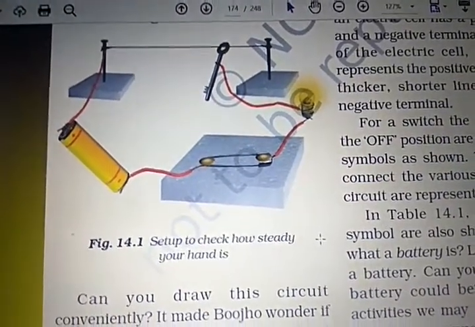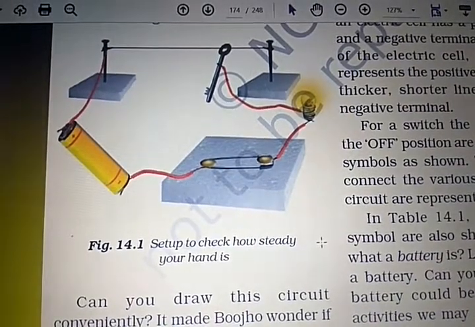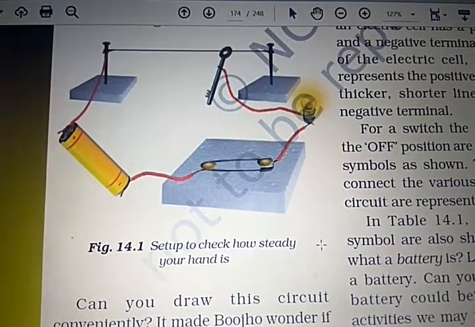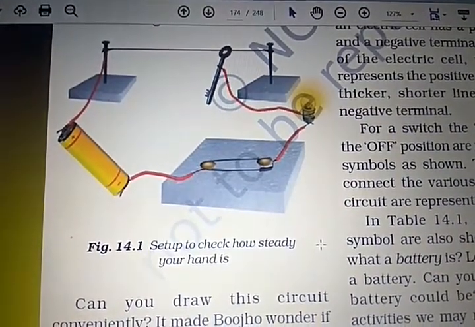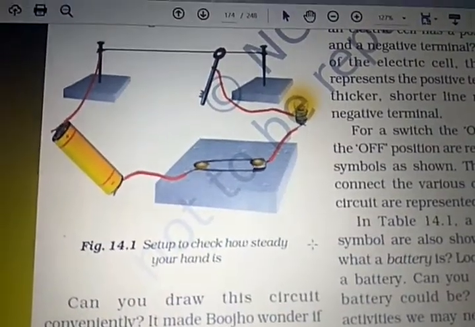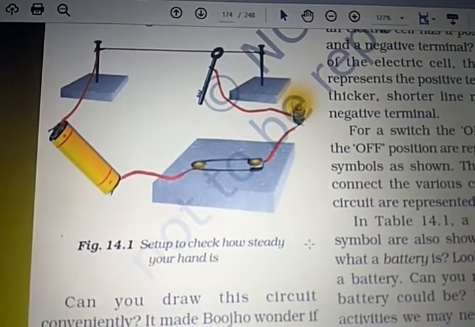Students, here is a small game with the help of the concept of electricity. You take two stands, that is, waste wooden material, and then take two iron nails and fix them on that wooden stand.